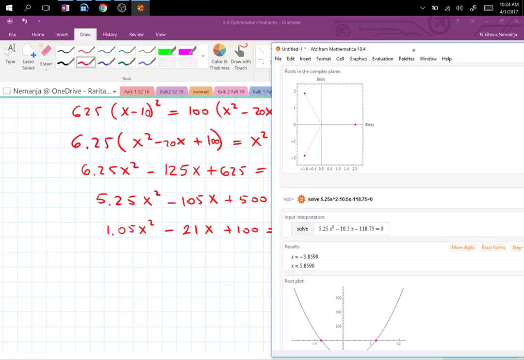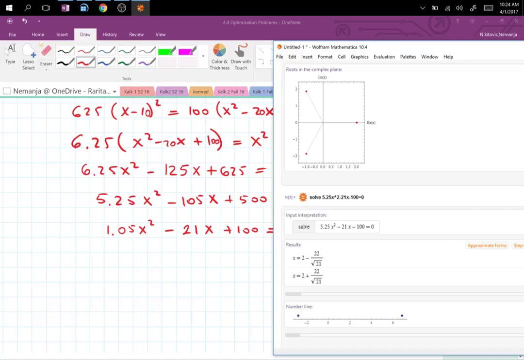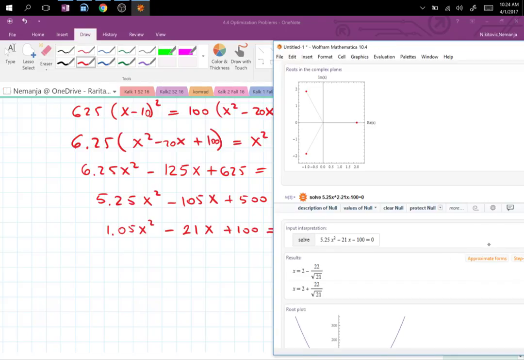But this time, 125 squared, this needs to be 21, and this needs to be 100. Then you have 1.05 too, right?